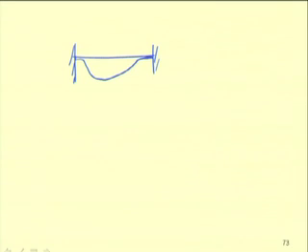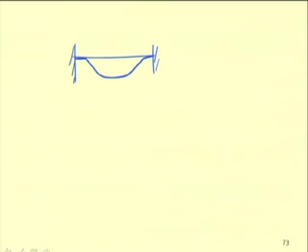The different boundary conditions include, for a fixed beam, displacement and slope equal to 0 at both the ends.